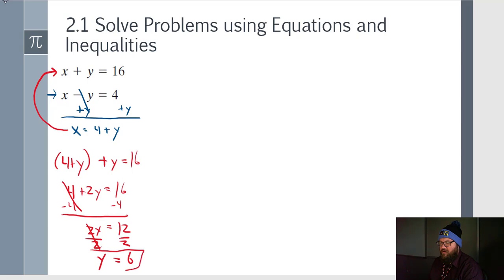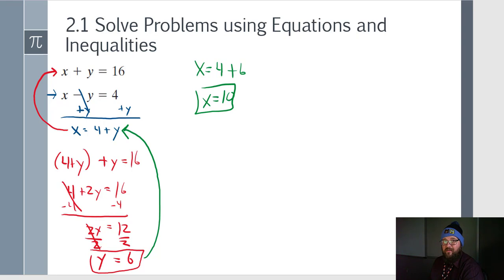So now I have my y value, right? Well, I need to solve for my x now. I can take this value and put it in the place of this y, and in this equation I'm going to solve just for x. So I will take x equals 4 plus 6, which is x will equal 10.